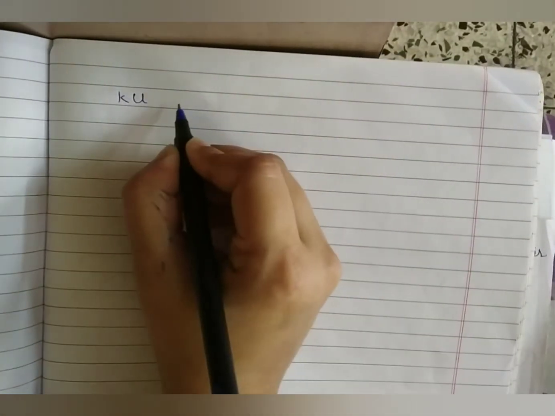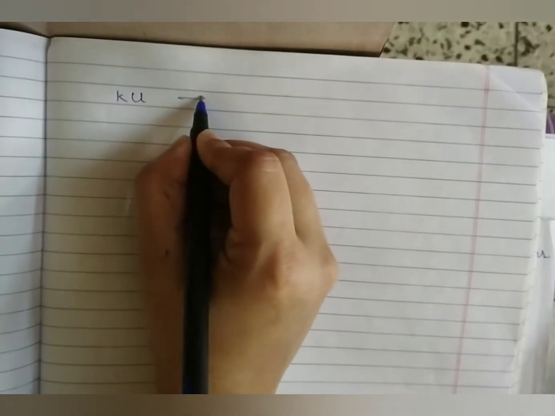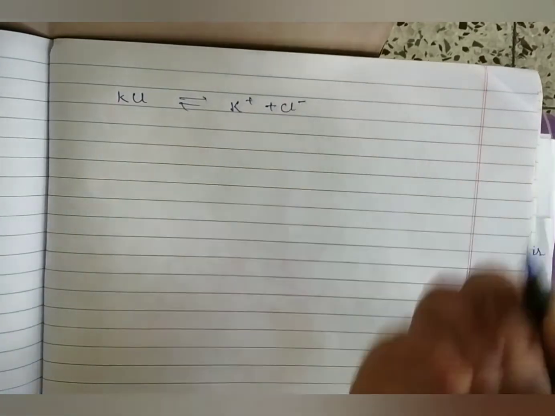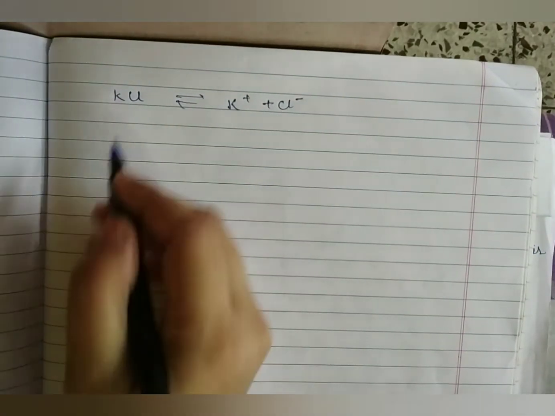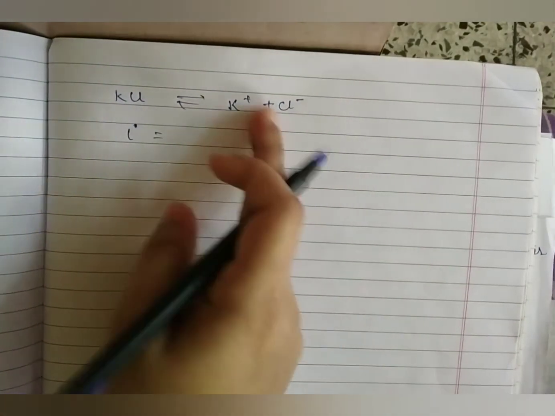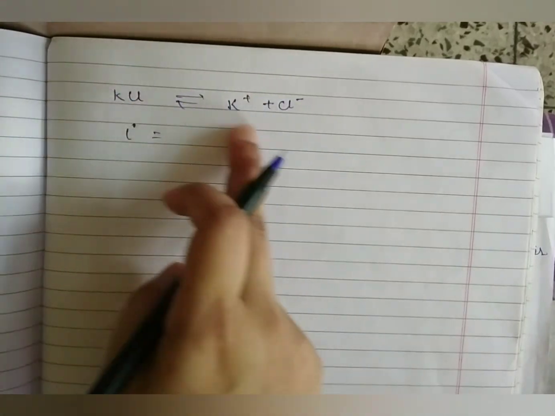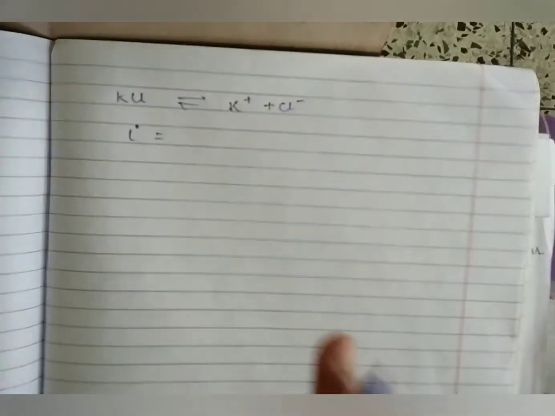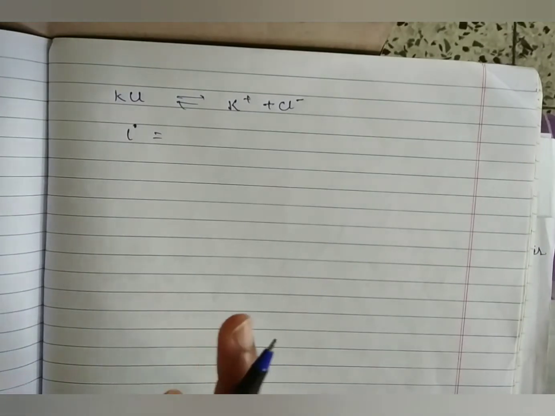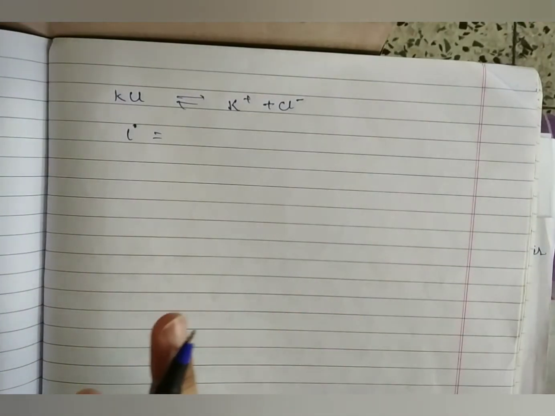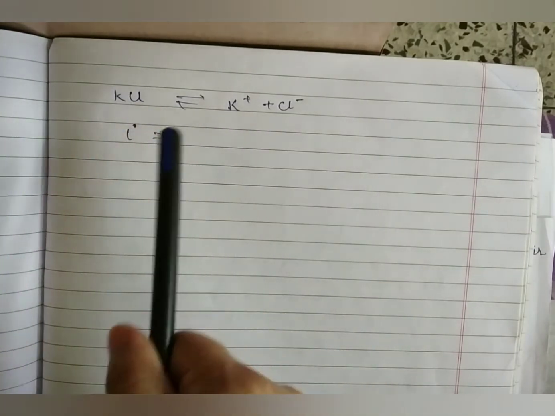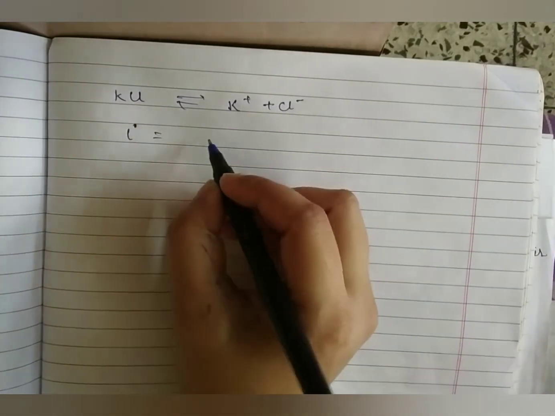At the start of this class, I took this example, KCl, K plus Cl minus. So here, if you want to calculate the Van 't Hoff factor, since it undergoes dissociation, as per the formula, i is equal to the total number of particles after association or dissociation. So here dissociation occurs. So after dissociation, the total number of particles is 2.